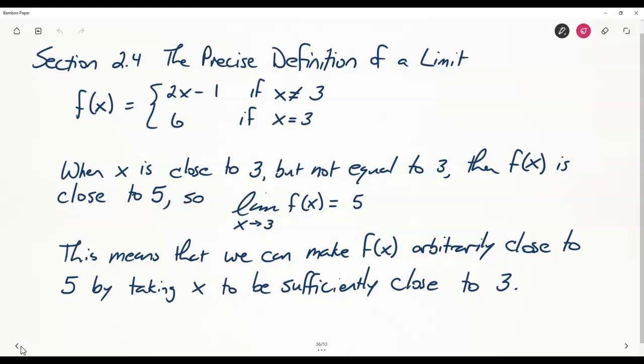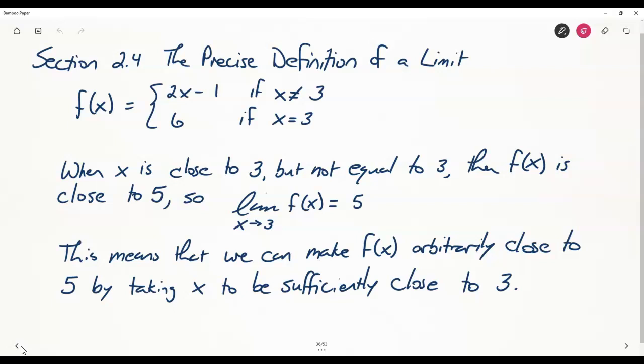If you go back to how we defined the limit last week, we said that the limit as x approaches a of f of x is equal to L if f of x gets arbitrarily close to L as x gets sufficiently close to a. That was the wording we used to say that the limit as x approaches a of f of x was equal to some real number that we called L.